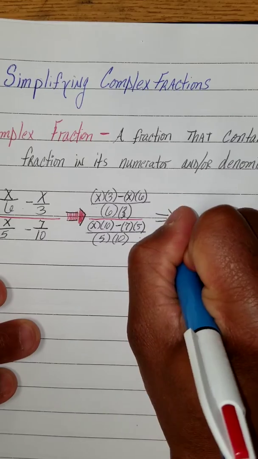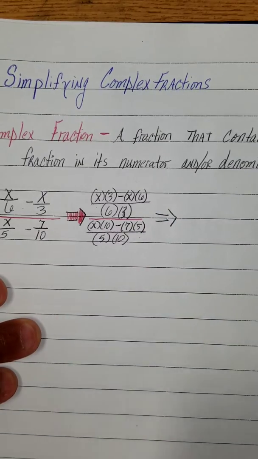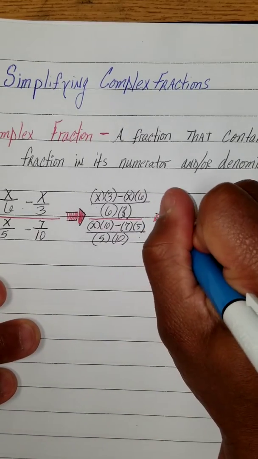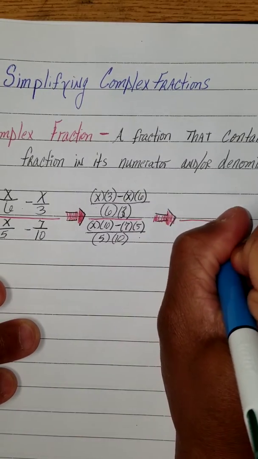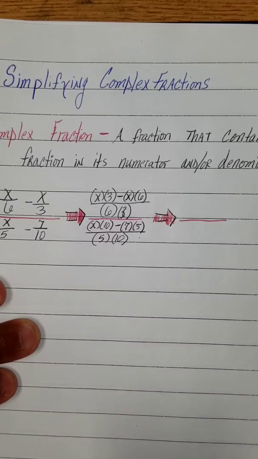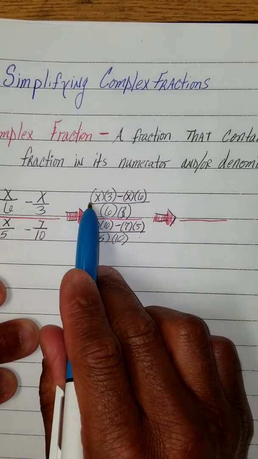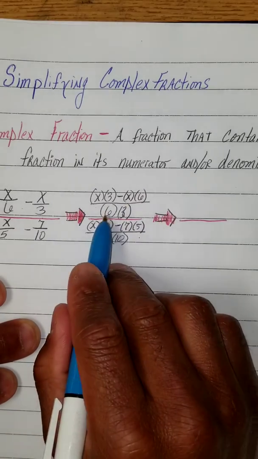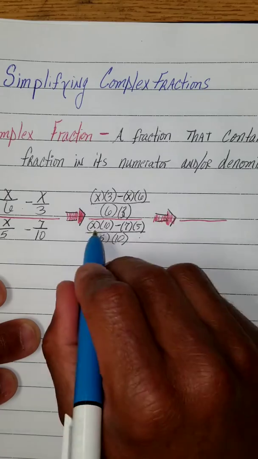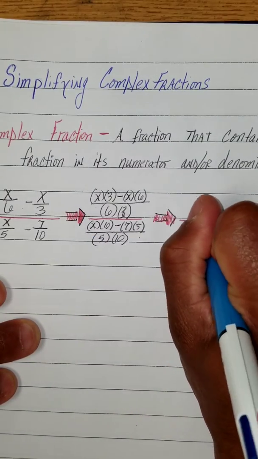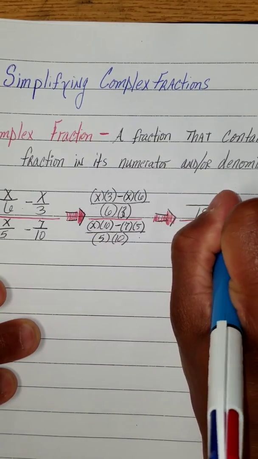So what I'm going to do now is actually simplify both fractions. In doing so, I'm going to multiply 3 times x, 6 times x, and 6 times 3. 6 times 3, we already know, is going to be 18 as a denominator.